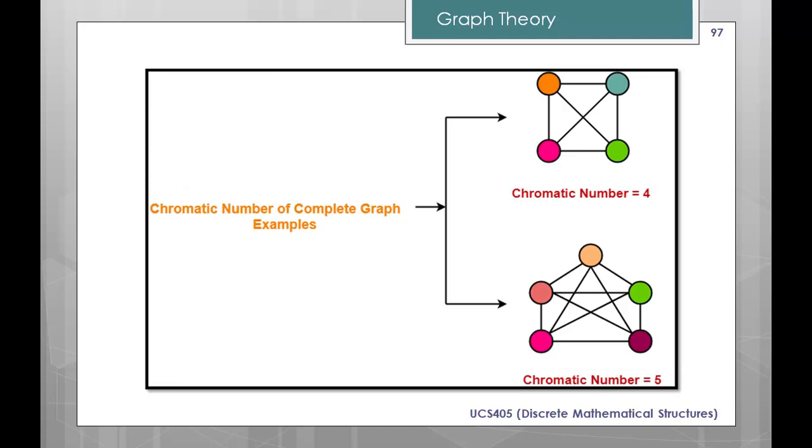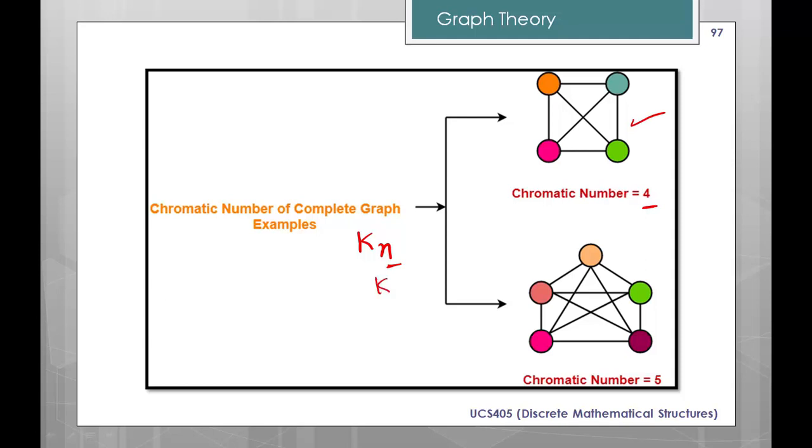Next, chromatic number of complete graph examples. What is the chromatic number for the complete graph? A complete graph is denoted using Kn. If our n value is 4, how many nodes are there in this graph? 4.